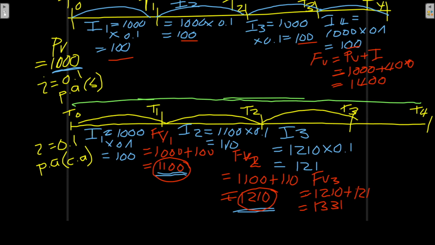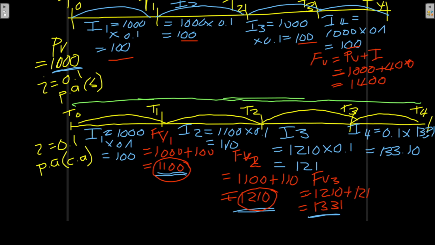So the future value there is equal to 1,331. And then of course in the last year we will again earn some interest, and that interest will now be 10% of this 1,331. So that's 0.1 times 1,331, and that is 133 rands and 10 cents.